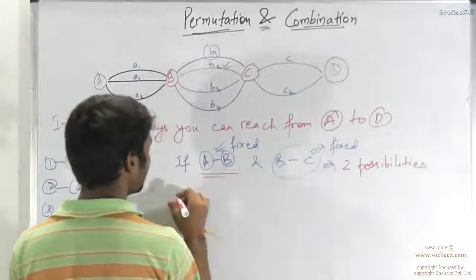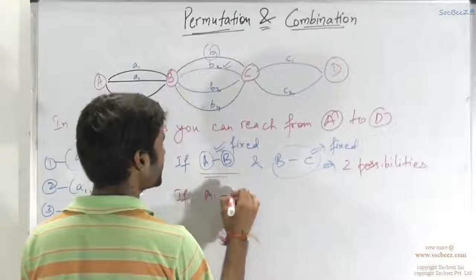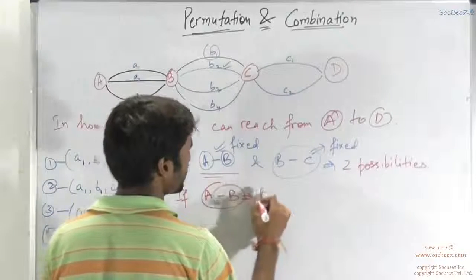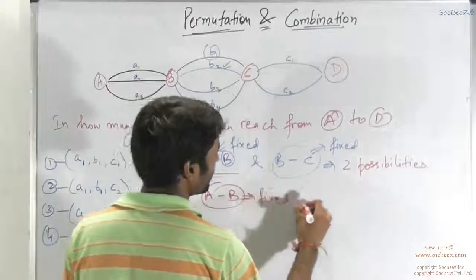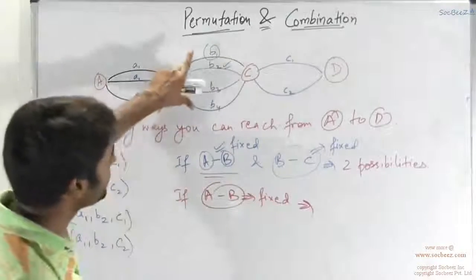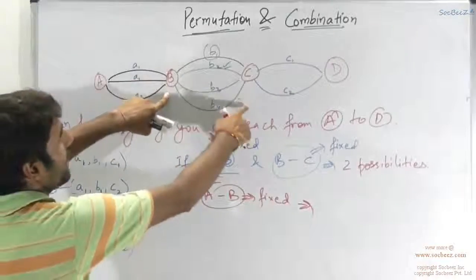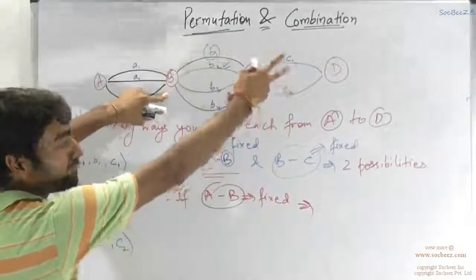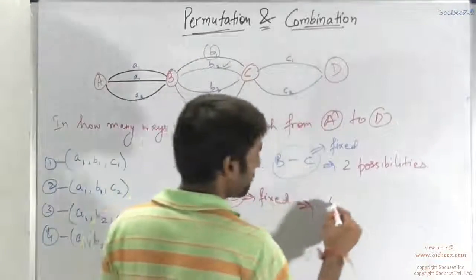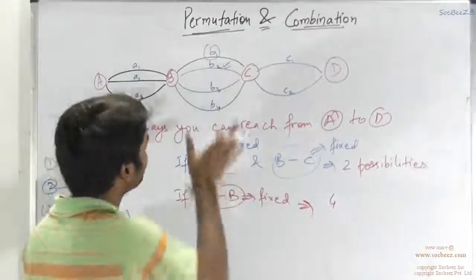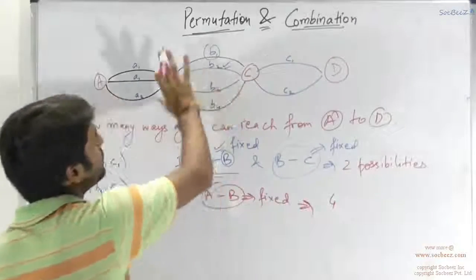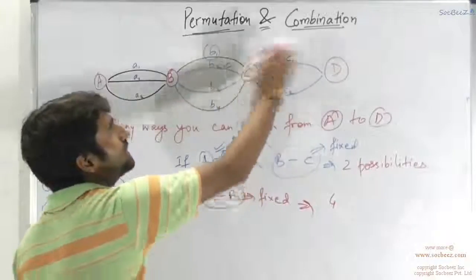So if only A to B is fixed, then I have 4 ways to reach C, and for all of these, you have 2 ways to reach D. So by applying the multiplication principle, there are 4 ways to do this task and 2 ways to do this task.